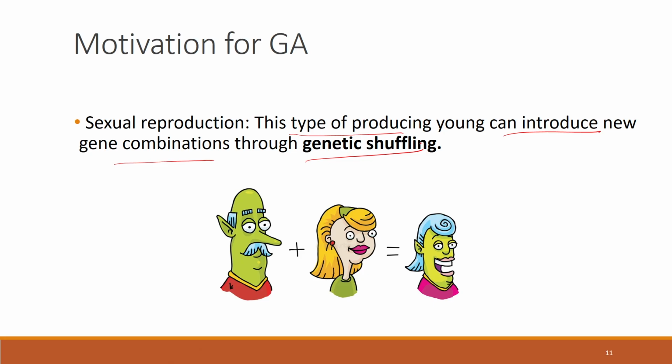So in a way, this kind of reproduction results in genetic shuffling, and we see a different combination of genes obtained from the mother and the father in the child. This figure shows that. Here you can see the child has a color which is the same as the father, but the hair pattern is the same as the mother's.